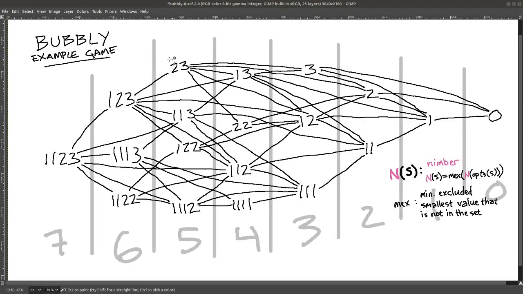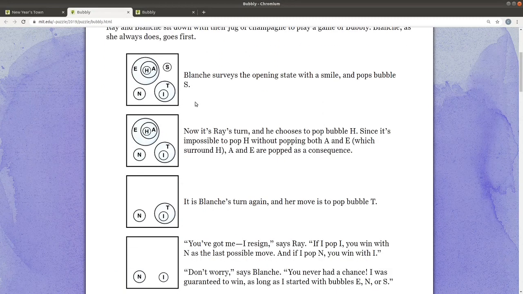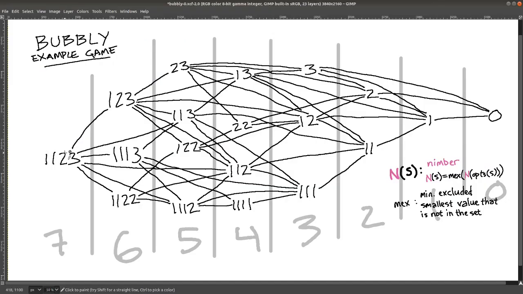All right, so do you remember this graph? This was what we used to analyze the example game from the puzzle that consisted of 1, 1, 2, and 3 concentric bubbles in the starting state. All right, so 1, 1, 2, 3 is the starting state, and these are all the intermediate states. So we can do the same thing here. We can assign a nimber to each of these states.